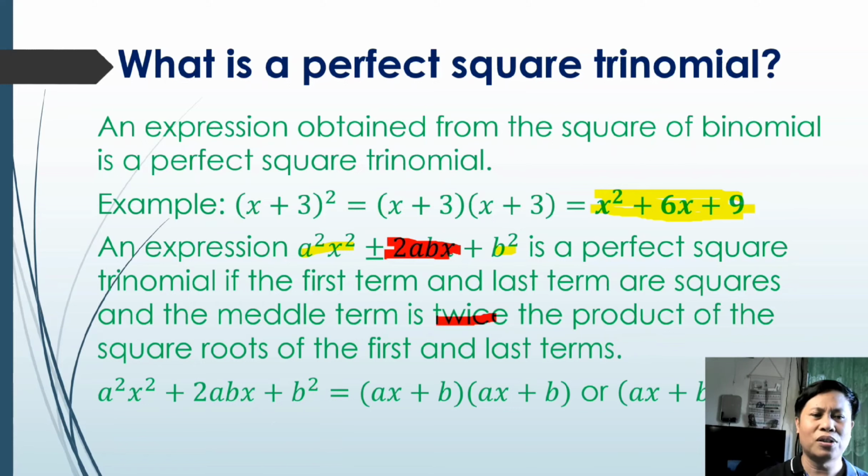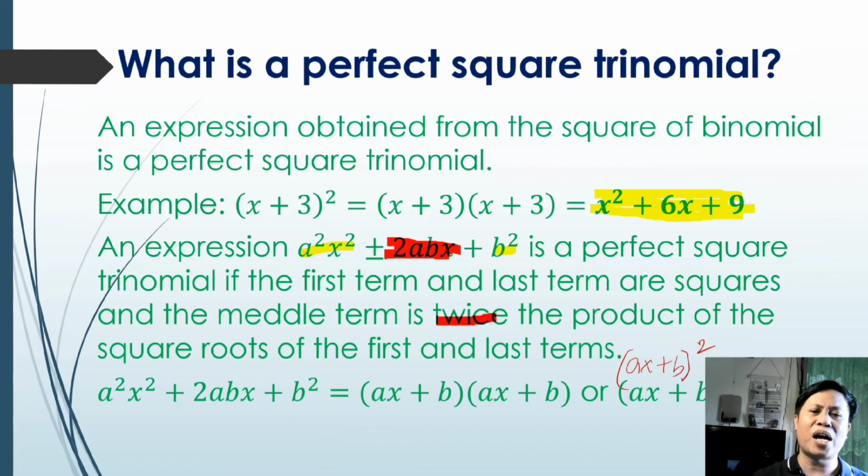For example, a squared x squared plus 2abx plus b squared is equal to ax plus b times ax plus b, or it could be ax plus b quantity squared. So you can write it this way.